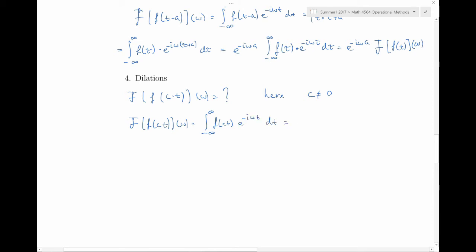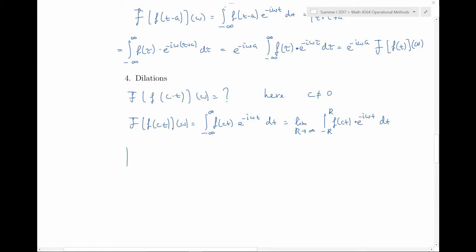I'm going to consider this as a limit. As capital R goes to infinity, the integral from minus R to R of f of ct times e to the minus I omega t dt. And here I'm going to make a change of variables.